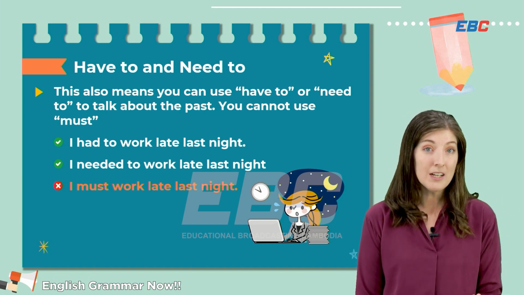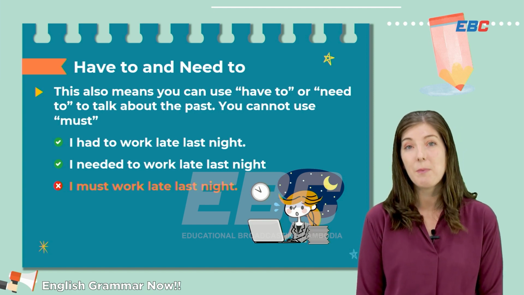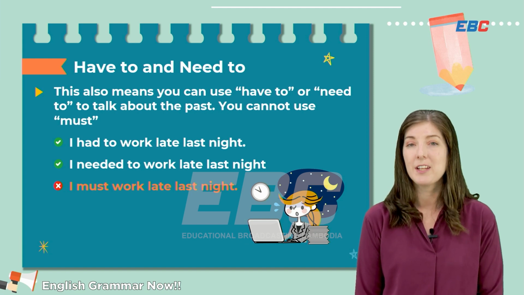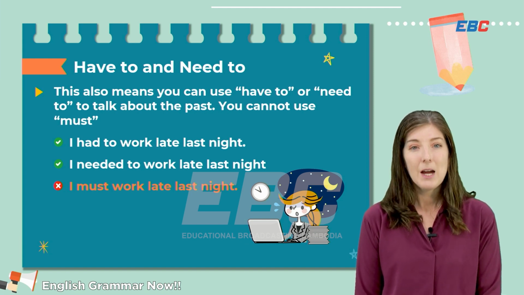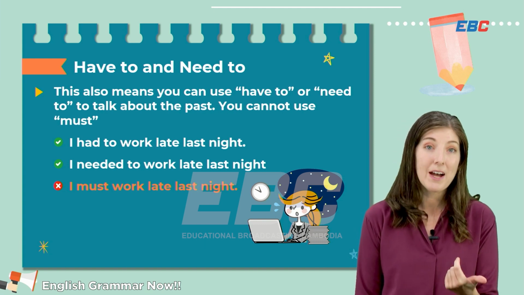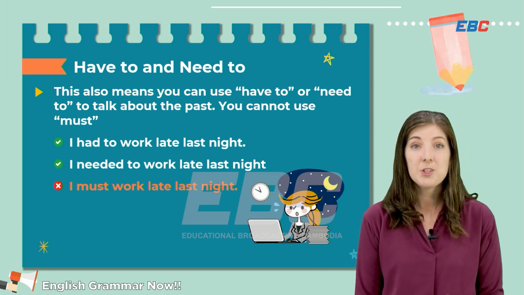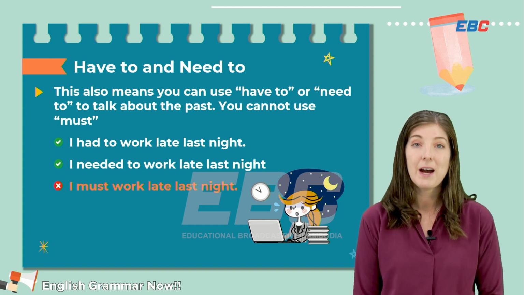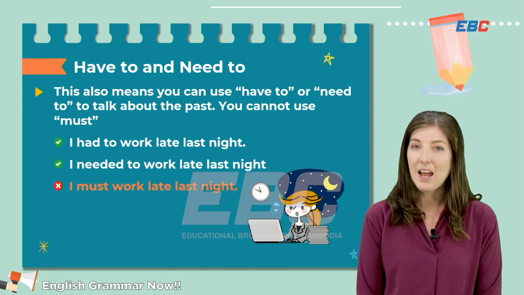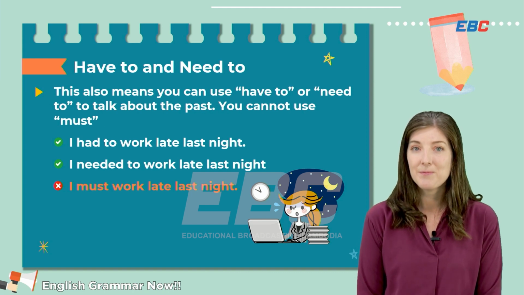We cannot use must to talk about the past. There's no way to change it so that we are talking about the past. However, we can change the to have verb into the past form, or the to need verb into the past form. Here's some examples. I had to work late last night.